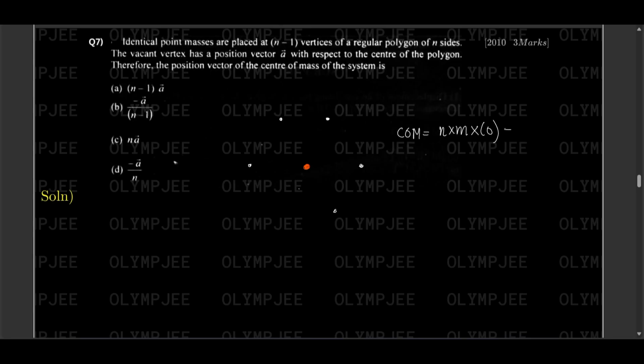So minus of this point, which has a vector a dash with respect to the origin. Origin is at the center only for our reference. So minus of m multiplied by the vector, and total remaining points are n minus 1 multiplied by m. So the final answer would be m a dash divided by n minus 1 multiplied by m. M gets cancelled and we get the answer as option B.